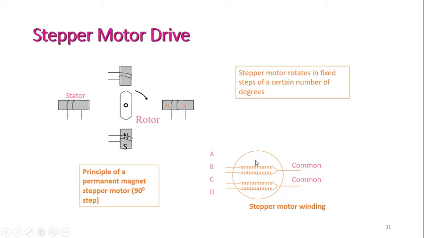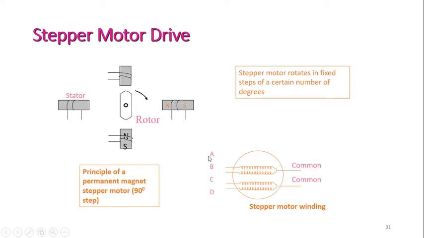You can form this particular stator winding based on center tapped transformers. With the help of the center tapped coils, you can construct your stator. If you see this one, two coils, one end of this coil and one end of that coil are connected commonly, and here also these two coils have one end connected commonly.